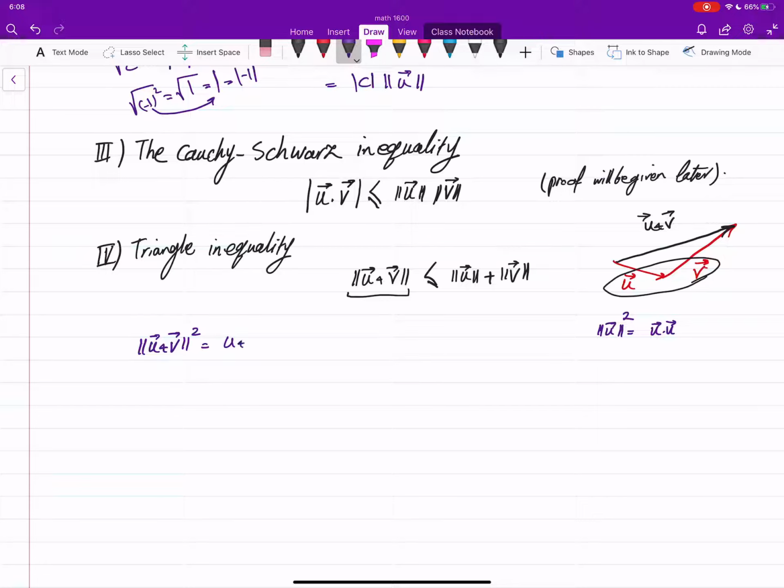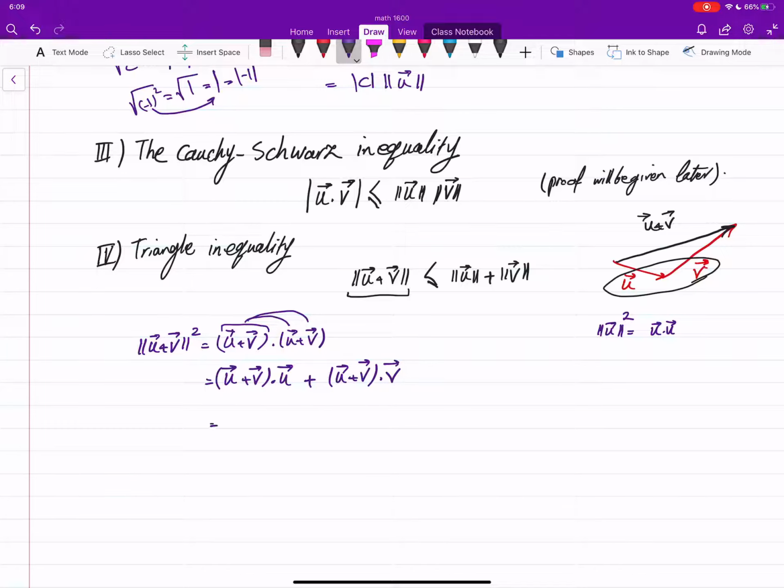And we know that this is u plus v dot u plus v. Now we have the distribution property, so we can distribute it: u plus v dot u, then plus u plus v dot v.